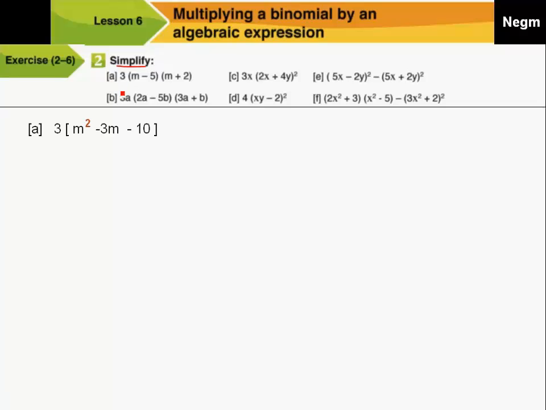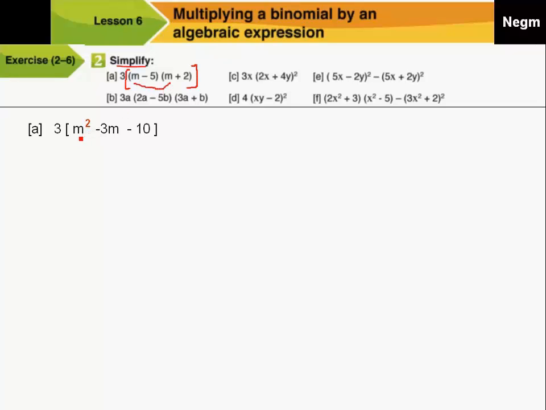Simplify. A, we have 3 times m minus 5 times m plus 2. 3 is multiplied by these two binomials. So we have to multiply these two binomials first, and the result will be multiplied by 3. This equals 3 between two brackets.